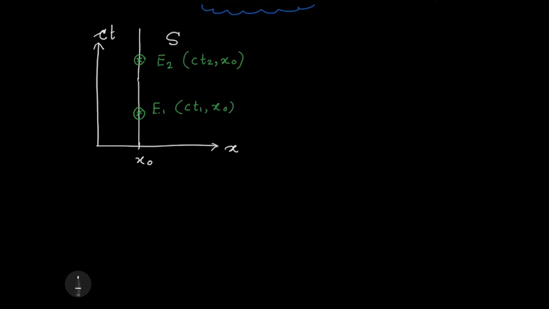Now these two times, for E1 and E2, are measured by the same observer, because the observer is sitting at that position x0, there's only one observer there. He is measuring these two times.